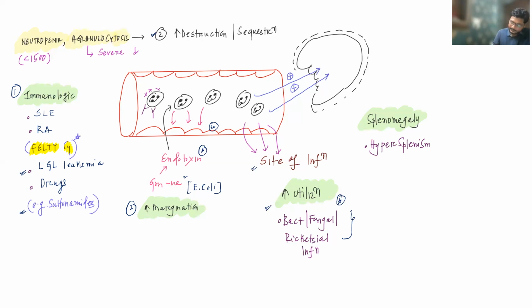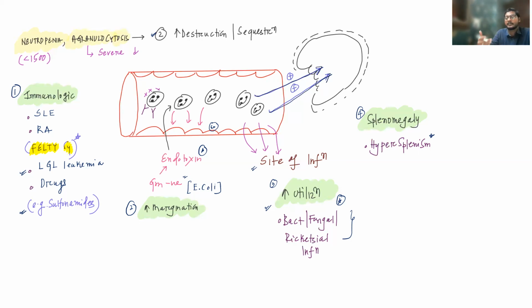Then the last one is splenomegaly. Whenever there is moderate to massive splenomegaly, there can be a phenomenon that is known as hypersplenism. In this situation, the spleen will take up all the blood cells from the circulation into itself. So neutrophils can be sequestered into the spleen whenever there is hypersplenism, that means increased activity of the spleen.